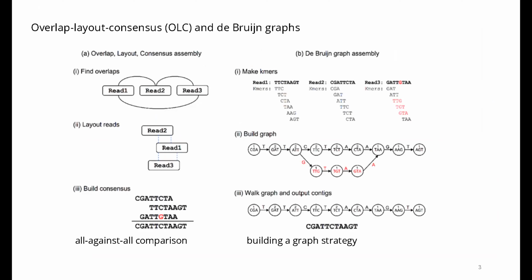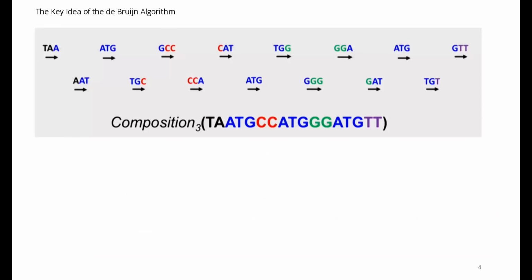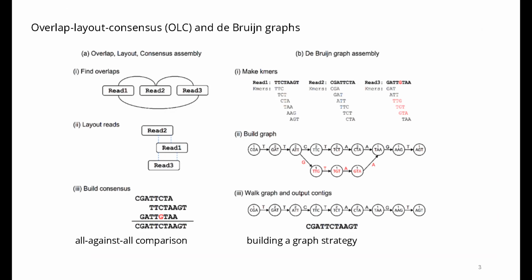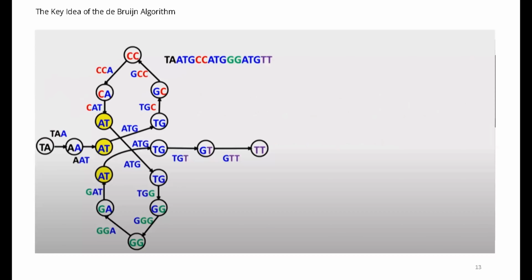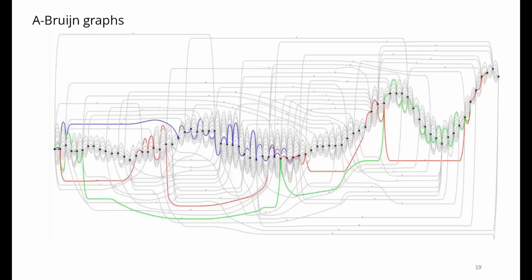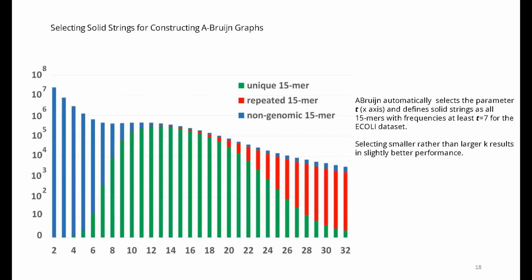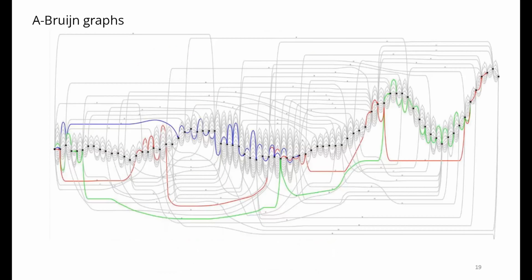It's rather a historical matter, because OLC, for instance, was used before the de Bruijn graph, and actually the de Bruijn graph uses the strategy of OLC, but not on the nodes, not in the comparison of reads, but in the comparison of the graph.